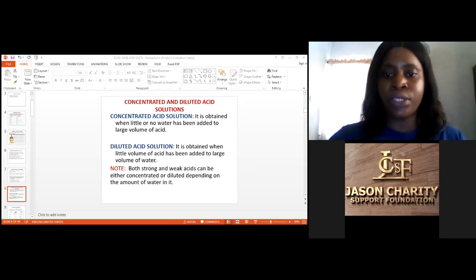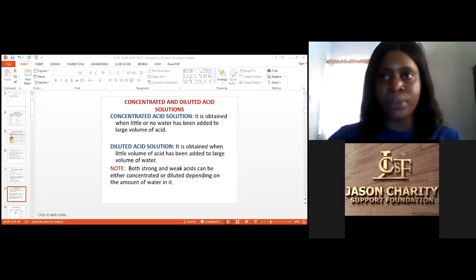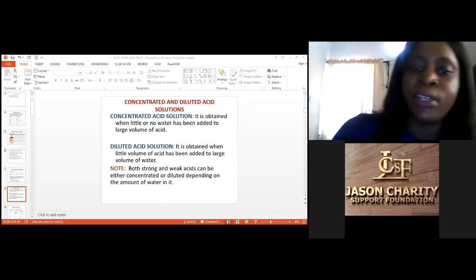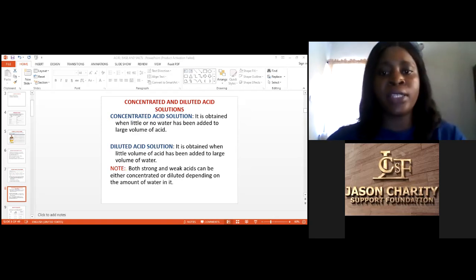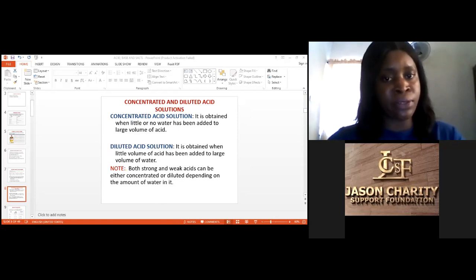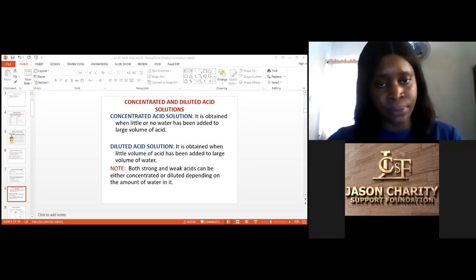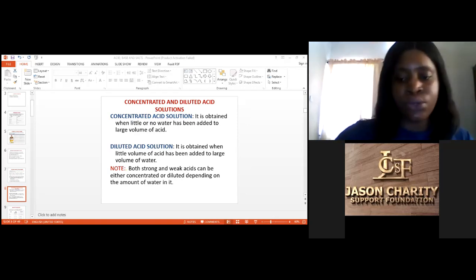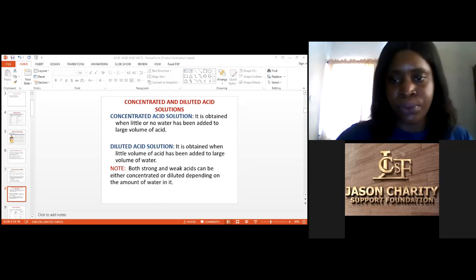Another thing you need to know is that both the strong and the weak acid can either be concentrated or diluted, depending on the amount of water added to the acid sample.